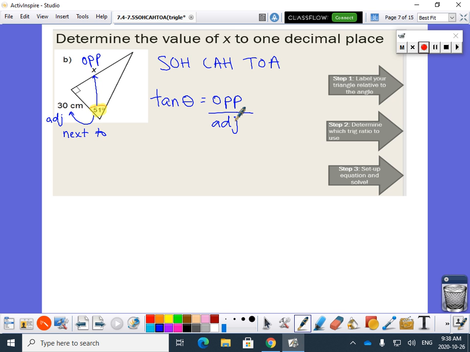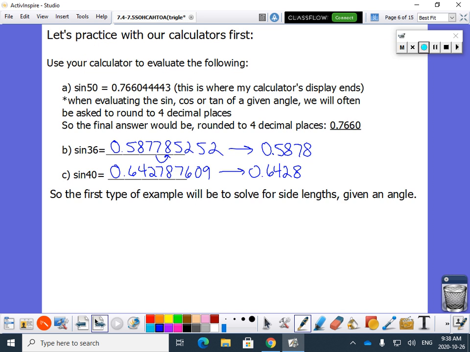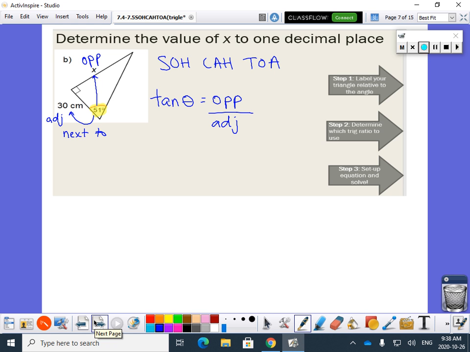Okay, and if you're wondering how I could come up with that, we'll just come back to here. Tan theta is opposite over adjacent. Remind me, I told you theta is always representing what? The angle.